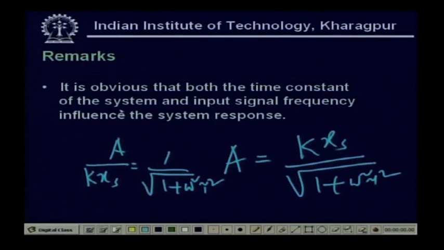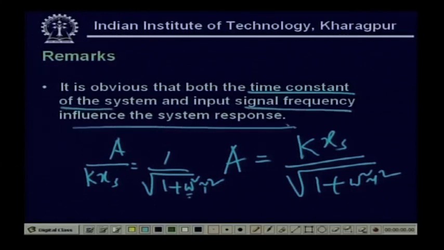So, both the time constant of the system and the input signal frequency, which is omega, influence the system response, because it will control the value of the amplitude or the normalized output, as well as the phase shift, which basically depends on tan inverse omega tau, right.